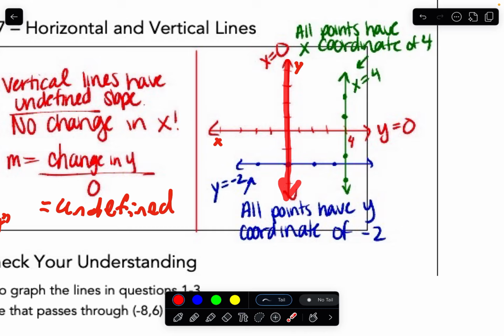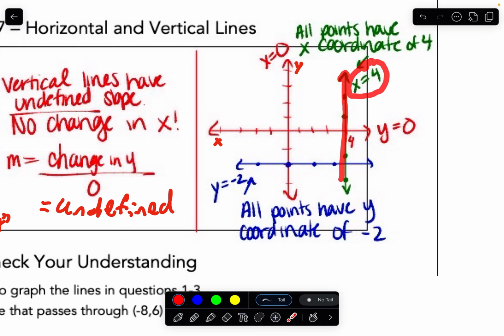The x-axis is the horizontal line y equals 0, which is going to be a sticking point for some of y'all. Now notice the two equations. You have this vertical line here. All the x values are the same, equal to 4. That's why the equation is x equals 4 for that line.